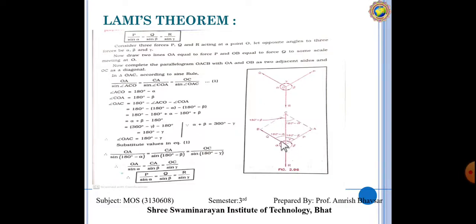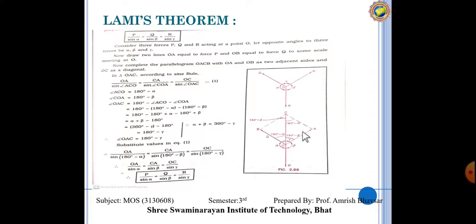Now here this is 180 minus beta, this is 180 minus alpha, this is again 180 minus alpha, and this is 180 minus beta. So we can calculate these angles from our rule of triangle.